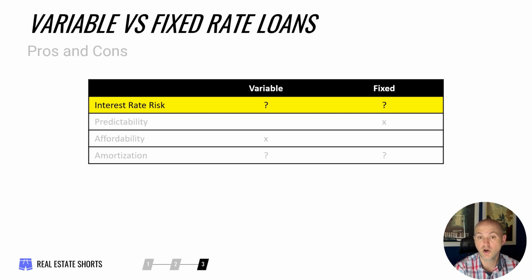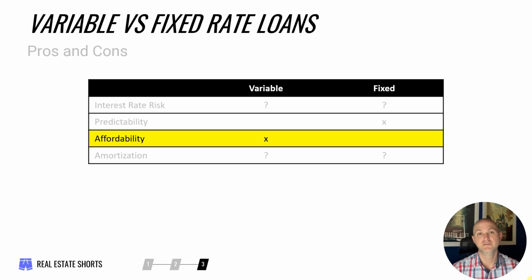Now, if you want long-term predictability, that's oftentimes where the fixed rate loan wins out. So if you just want to set it and forget it and know that your monthly budget isn't going to change when you have to pay your lender, the fixed rate is obviously the way to go. Now, where I think we can have a solid amount of debate is affordability.